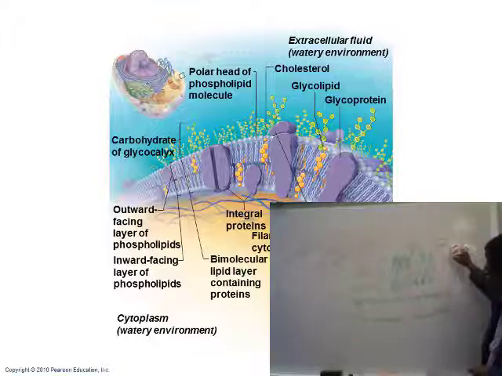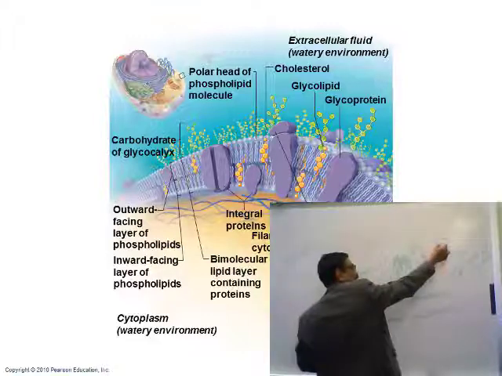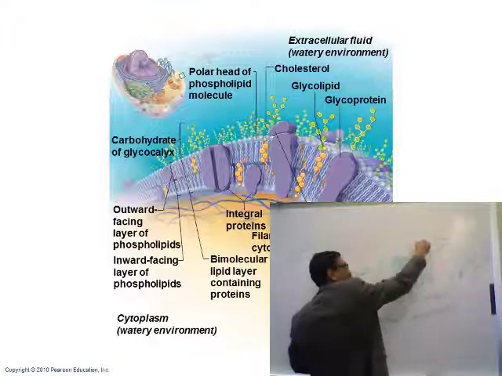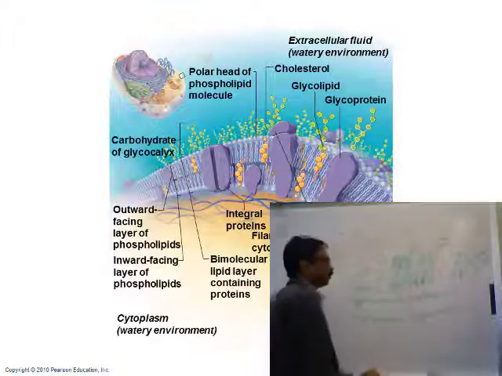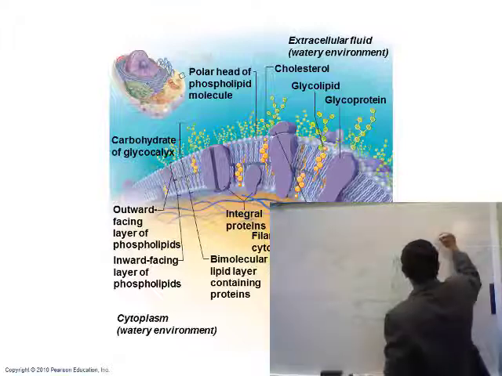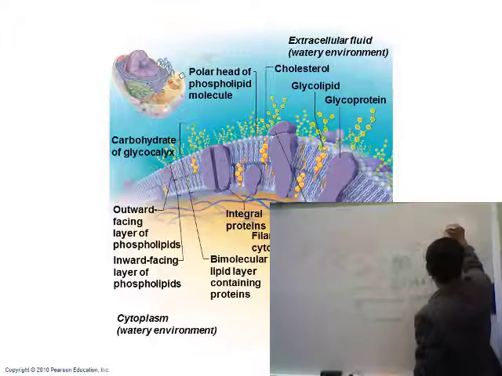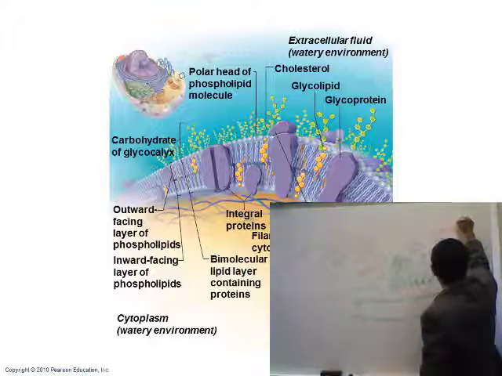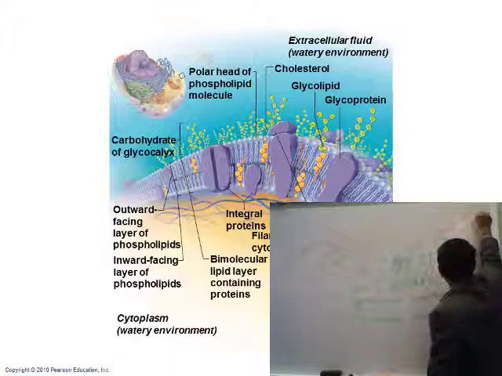Some proteins are loosely attached to the integral proteins. They are not inserted in the phospholipid. So these are called peripheral proteins. And these are integral proteins. This is also an integral protein.